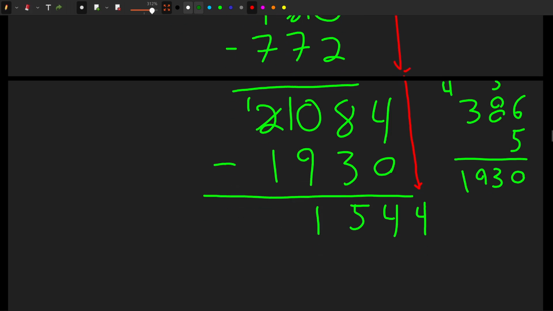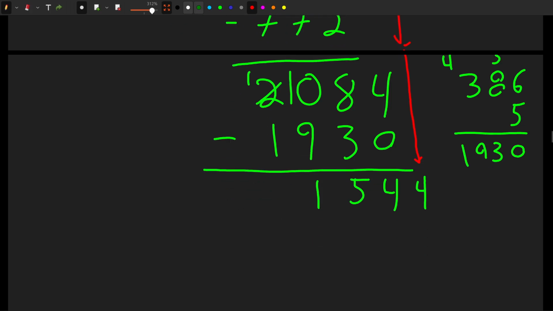Okay, so now how many times does 386 go into 1544? Well, we did 386 times 5, so I bet you, let's try 386 times 4. 6 times 4 is 24, carry the 2. 8 times 4 is 32, add the 2 back, I get 34. 4 times 3 is 12, add the 3, I get 15.